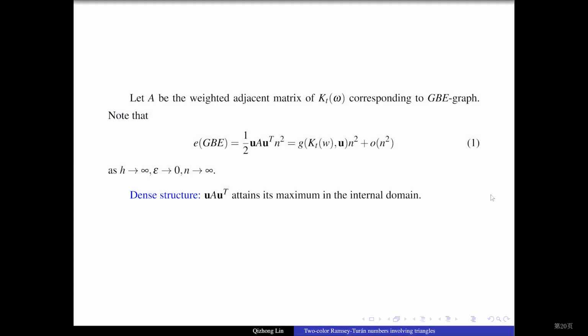We also can see the following relation, where A is the weighted adjacency matrix of the weighted complete graph that corresponds to the generalized Bollobás-Erdős graph. We can see in the following that such a graph is always dense because the maximum is always attained in the interior domain.